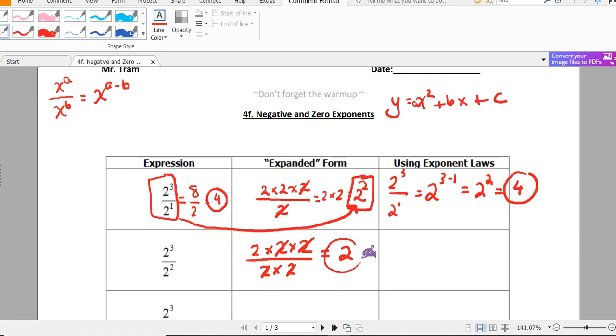That's 2 to the exponent 1, to be more specific. Now using exponent laws, 2 to the exponent of 3 divided by 2 to the exponent of 2 is equal to 2 to the exponent of 3 minus 2, which is just 2 to the exponent of 1. And that's just 2. Okay, and they both check out. Let's do a few more.